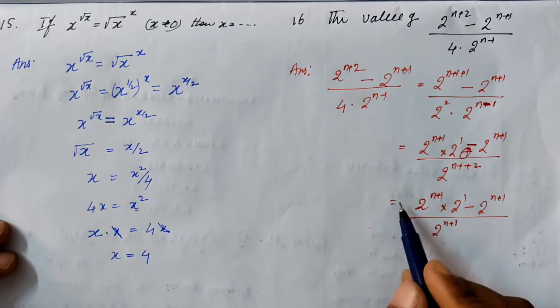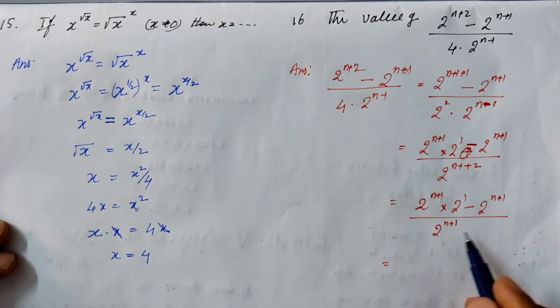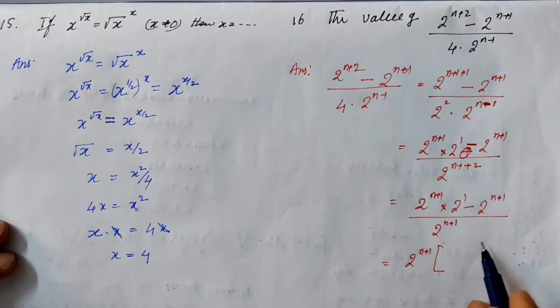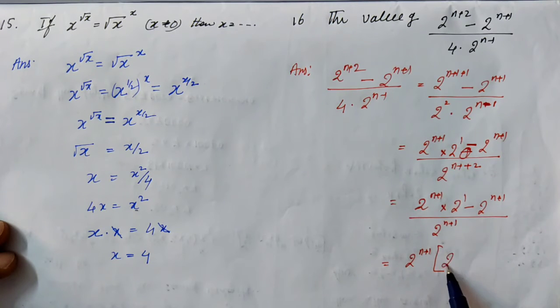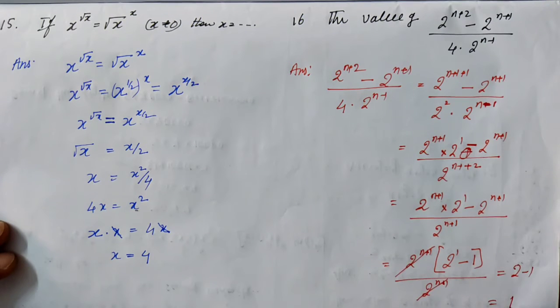Taking 2 to the power of n plus 1 common in the numerator, 2 remains, and minus 1. So 2 to the power of n plus 1 gets cancelled with the denominator, which is equal to 2 minus 1, that is 1.